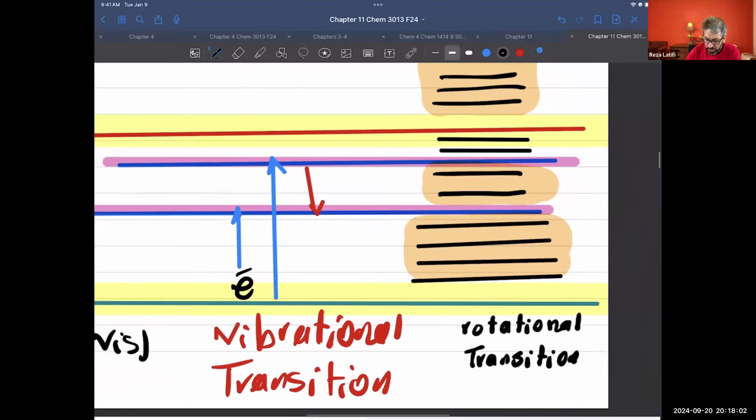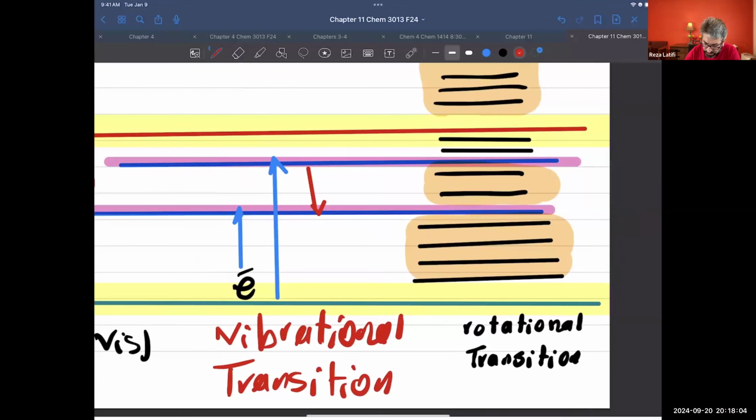Let's say we have an electron here, and we're going to send it, for example, there, or the electron can go there. Of course, that electron can relax, and depending on where it goes down, it will give you a different wavelength.